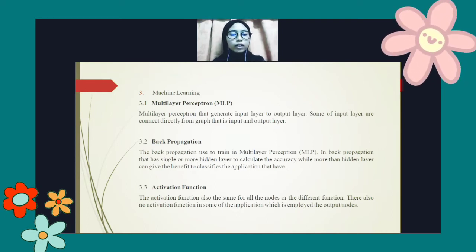Third is the activation function. The activation function can be the same for all the nodes or different functions. It is also known in some applications as employing the output nodes.